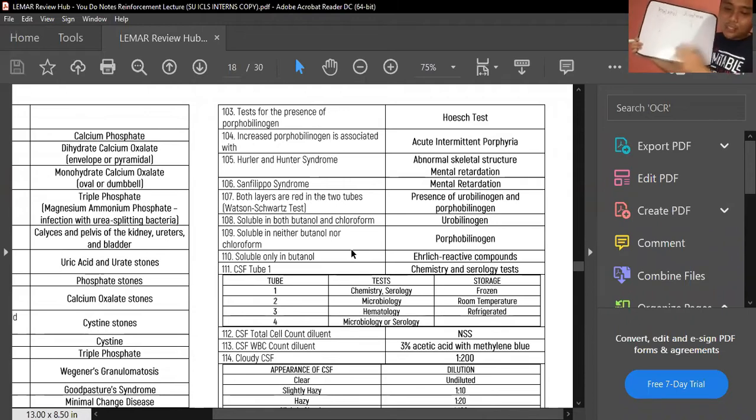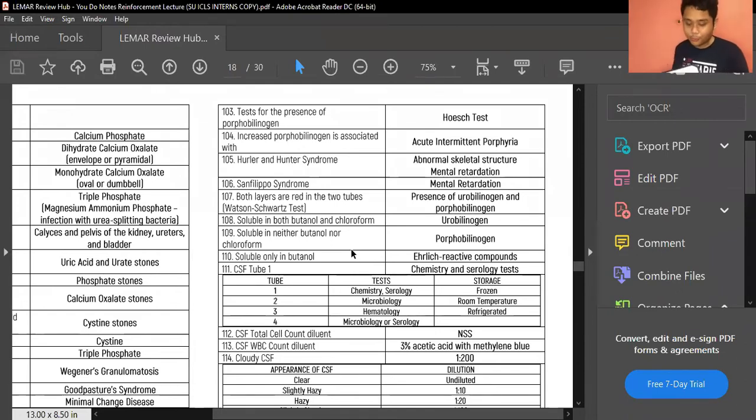But if insoluble, meaning it doesn't dissolve in butanol and chloroform, meaning it stays red in the urine, then that is porphobilinogen. And soluble only in butanol is your Ehrlich reactive compound. So take note of that. I think it will come out.